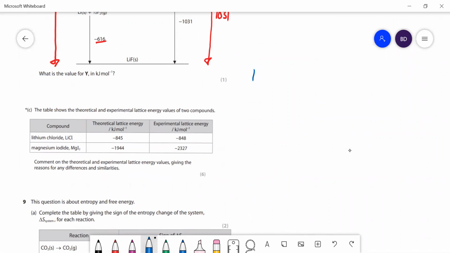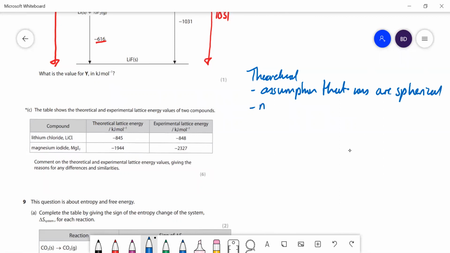The theoretical, it's important to state, is calculated on the assumption that the ions are all spherical, so they're not distorted in any way, i.e., the compound shows no covalent character. Get all those terms down just to be on the safe side.